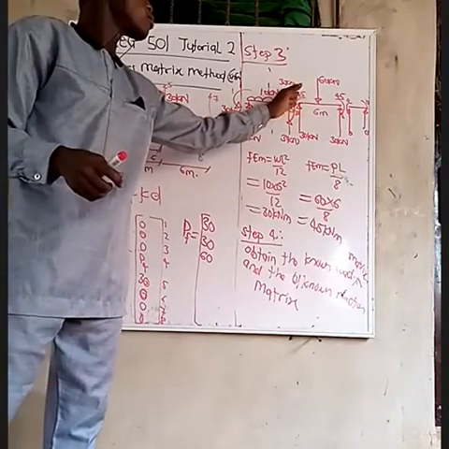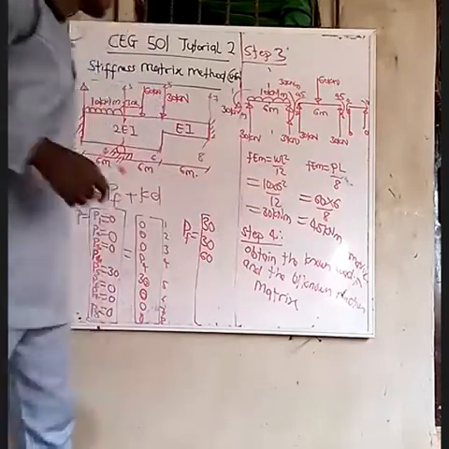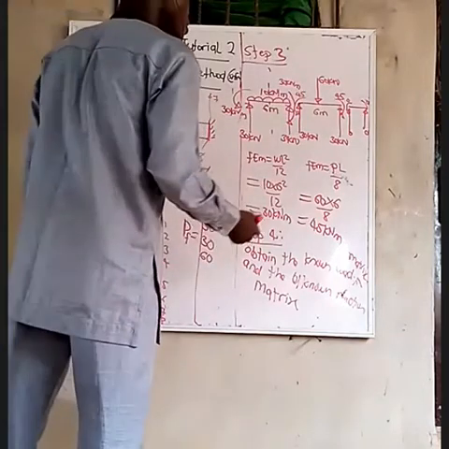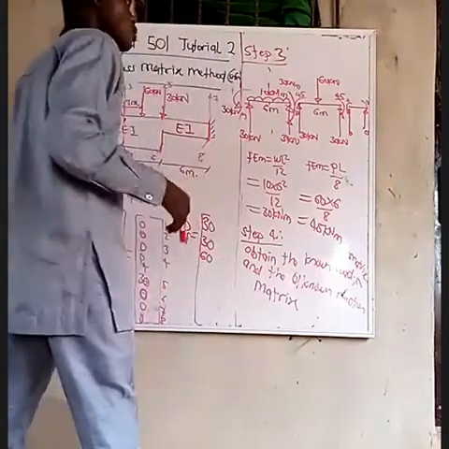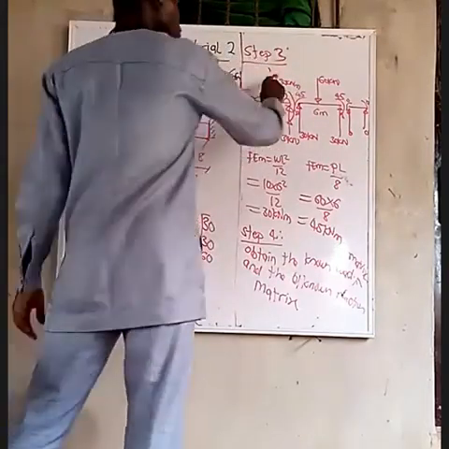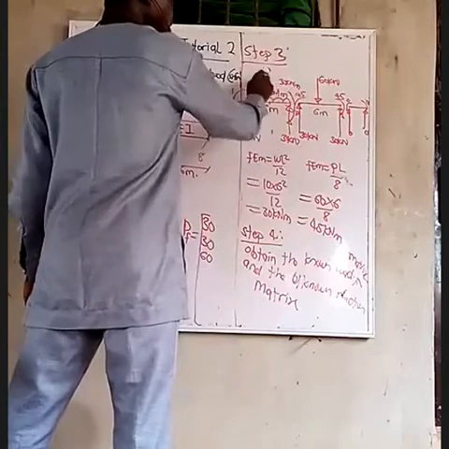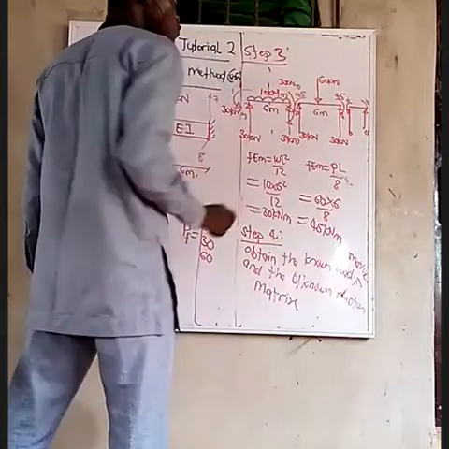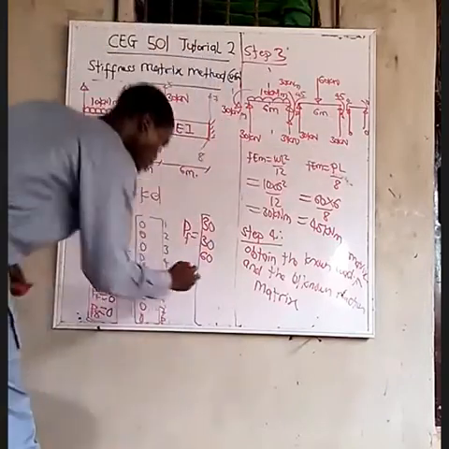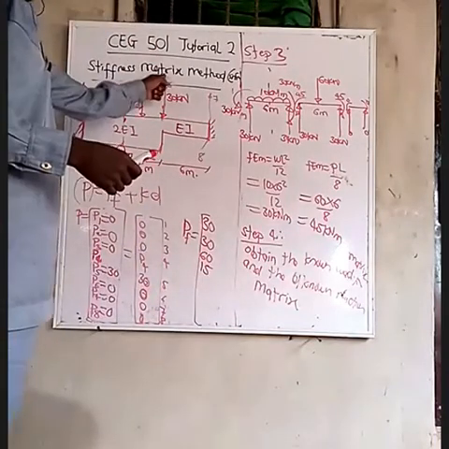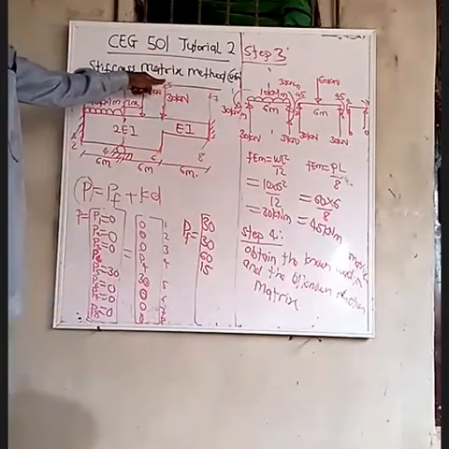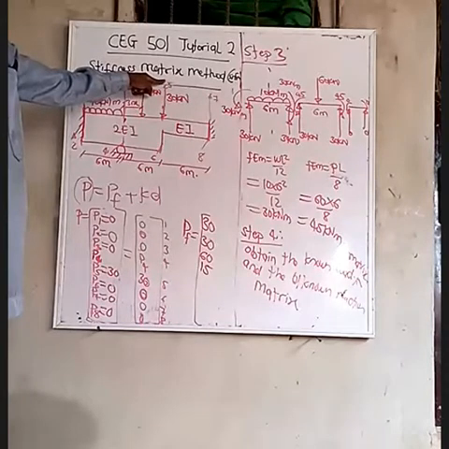So now what is 4? 15 kilonewton. Good. Why is it 15? Because our anticlockwise is positive. And since this one is clockwise, it is minus 30. Minus 30 plus 45. That's 15. So the next thing, 5.